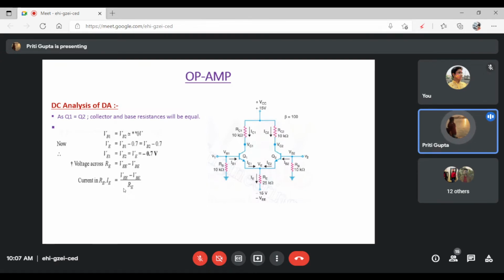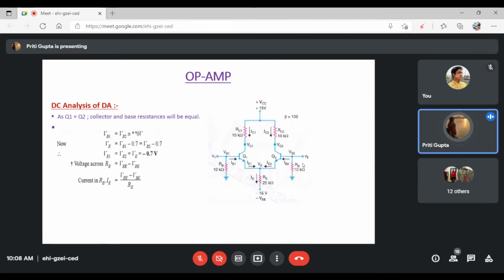Just write down problem number 1 and write down these values. VCC equals 15, VEE equals minus 15, beta equals 100, RC1 equals RC2 equals 10 kilo ohm, RB1 equals RB2 equals 10 kilo ohm.